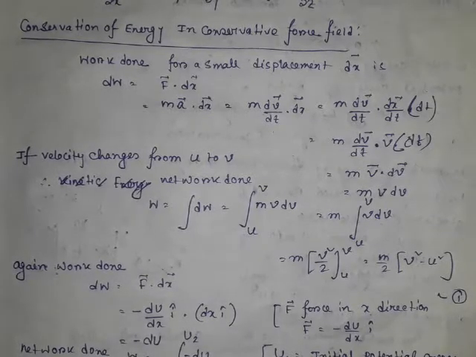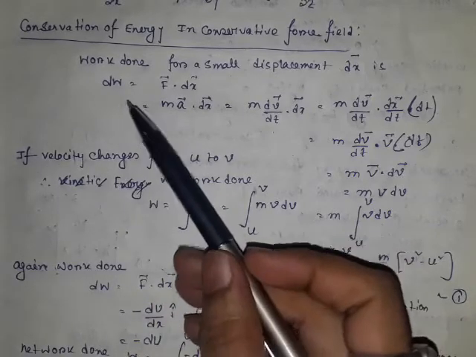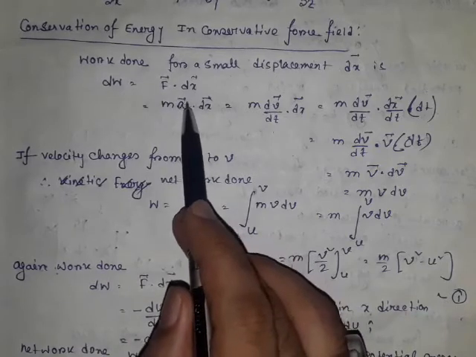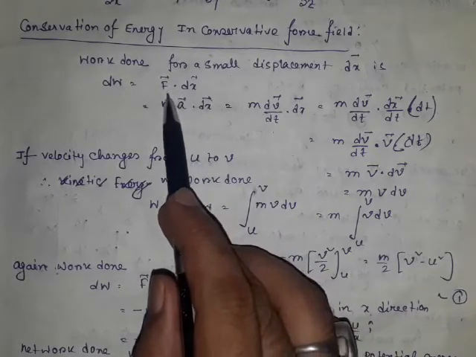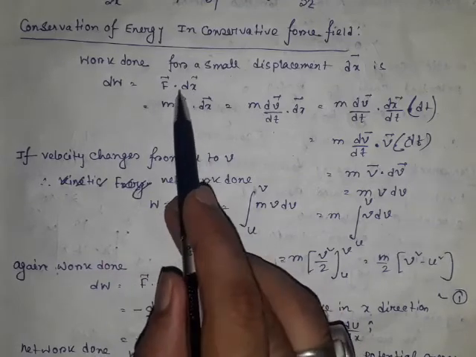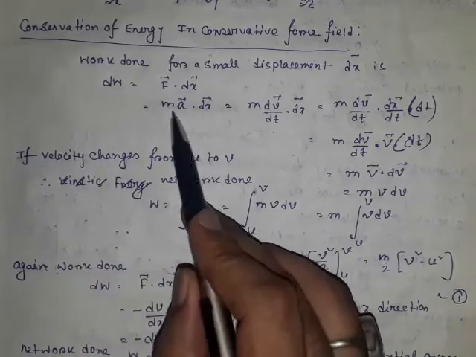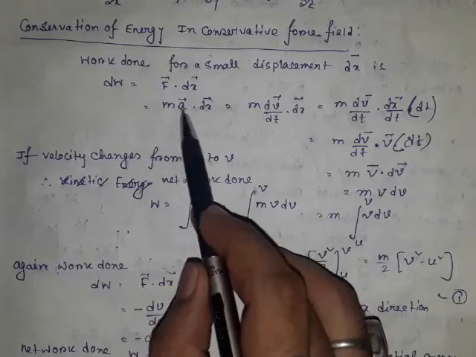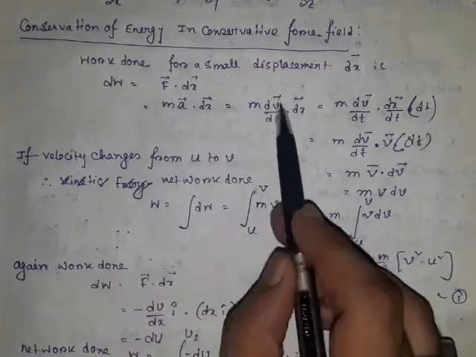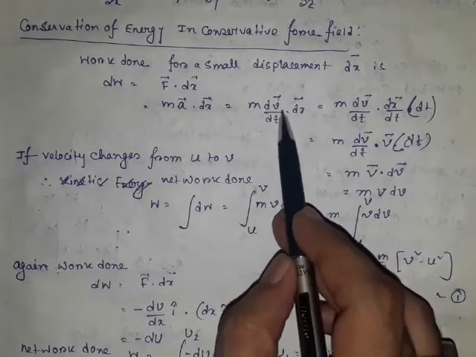So let's start with the basic equation of the work done, that is force multiplied by the displacement, or in brief, force dot product with dx, the displacement, F dot dx. The force can be defined as mass into acceleration, so m a dot dx. Now a is dv/dt, the rate of change of velocity.